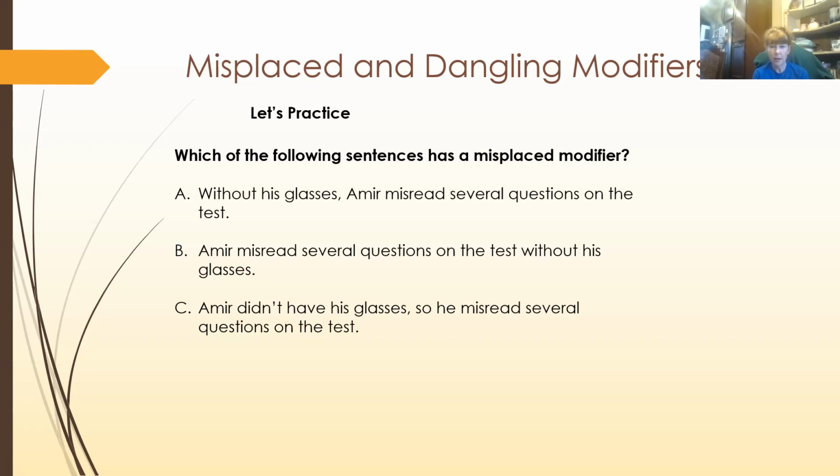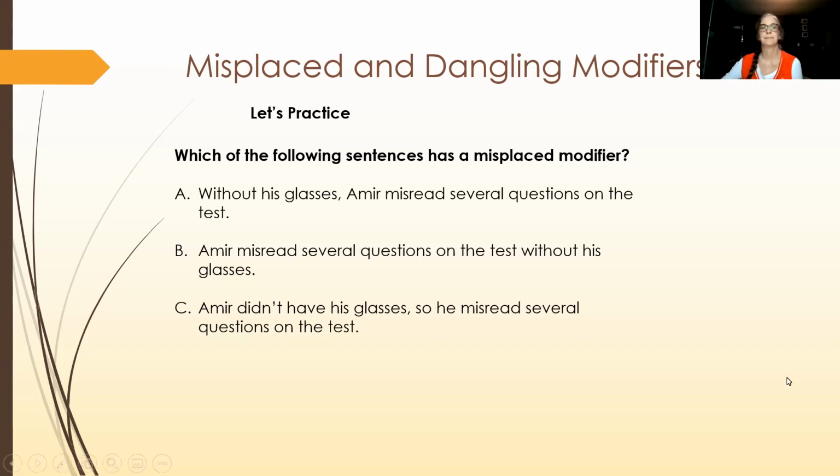So that works. On the test describes the questions. So that works. In B, on the test describes questions, but without his glasses is very far away from Amir. So that would probably be misplaced. The last one is fine because the only phrase is on the test and that describes questions.